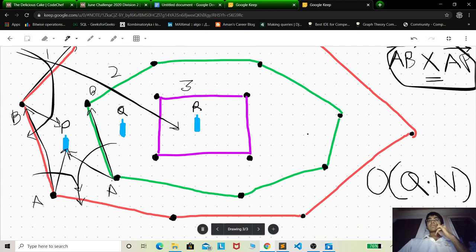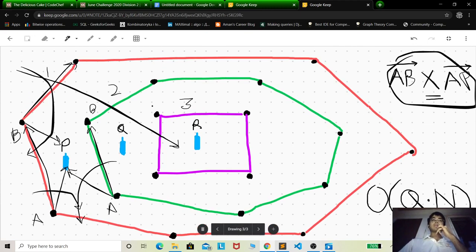Okay, so let's discuss the time complexity of this one. There are a total of n points, including all the layers, and in the worst case we might have to check all the n points, that is n minus 1 line segments and n points. So for each query it might take O of n, and there are q such queries. So in the worst case it may take O of q into n.